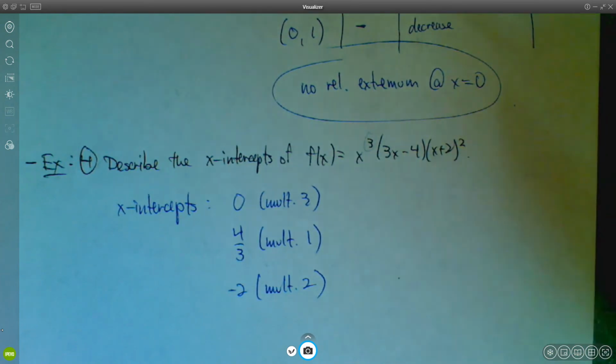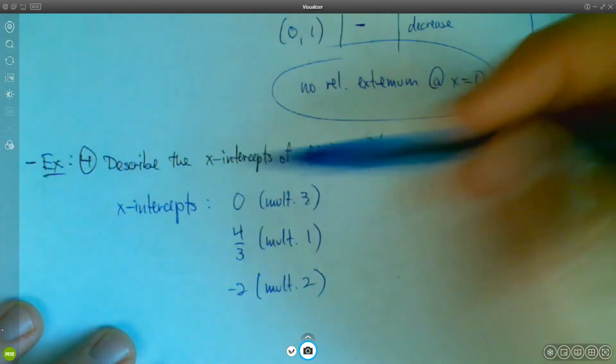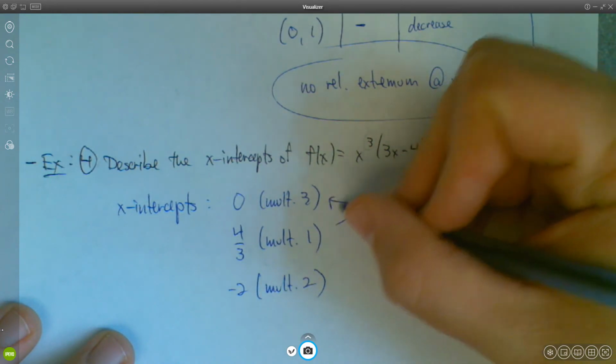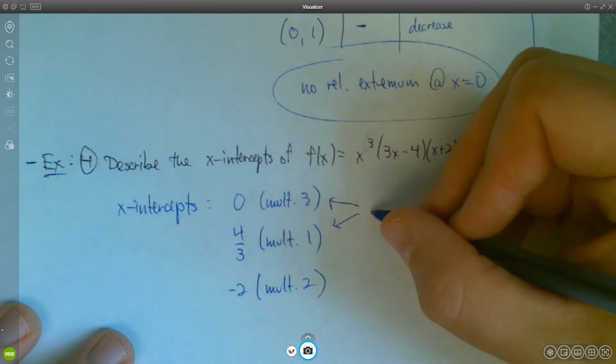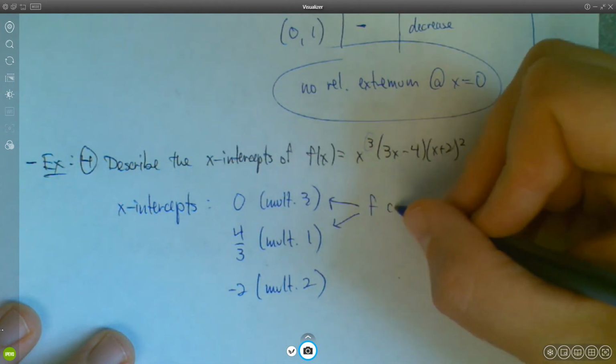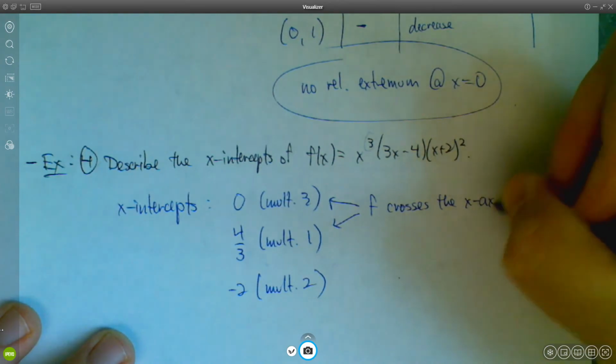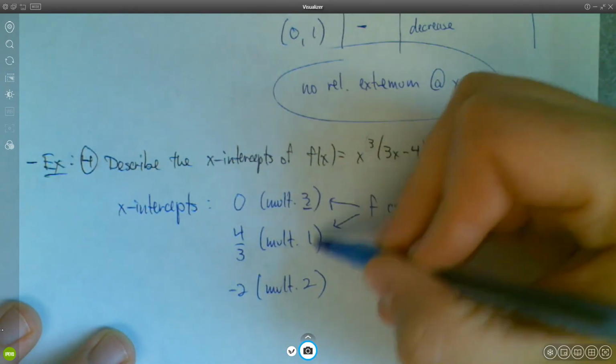So what does that tell us? To describe this, we would say here at 0 and 4/3, the graph is going to cross the x-axis, right? So f crosses the x-axis. Why? Because their multiplicities are odd.